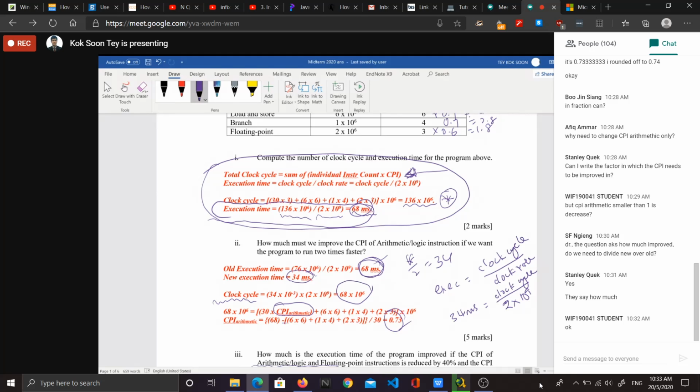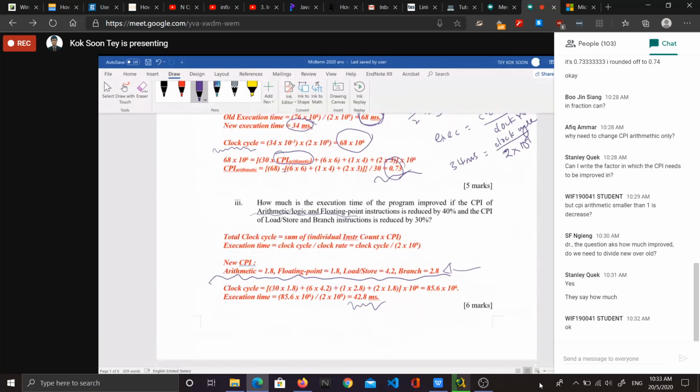If you stop at here giving the new CPI, should be correct also. If you give the improvement, also can. Both answers also can. Oh, okay, yeah, in these questions too.